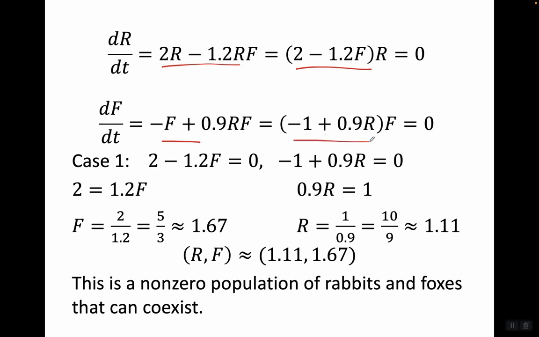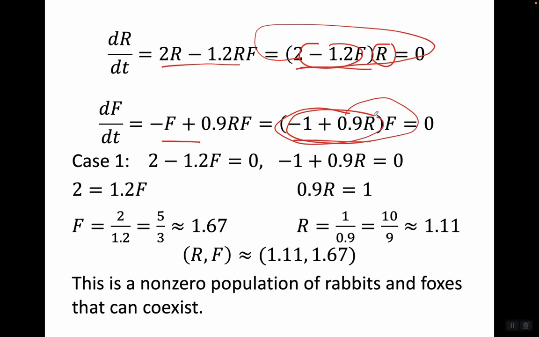We get (negative 1 plus 0.9r) times f equals 0. So notice, if all of this equals 0, then either this equals 0 or this equals 0. In the same way, if all of this equals 0, then either this equals 0 or this equals 0. So we have two options here, two options here. That means overall we have 2 times 2, or 4 different options, 4 cases.